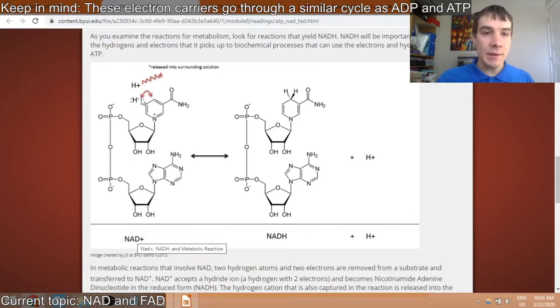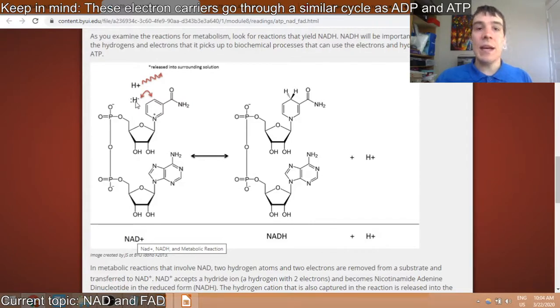One interesting thing about this is this hydrogen that comes in is actually carrying 2 electrons. So the hydrogen is carrying 2 electrons. So on NAD, it only grabs 1 hydrogen and attaches 1 hydrogen to itself. But that hydrogen carries both electrons, which is neat.